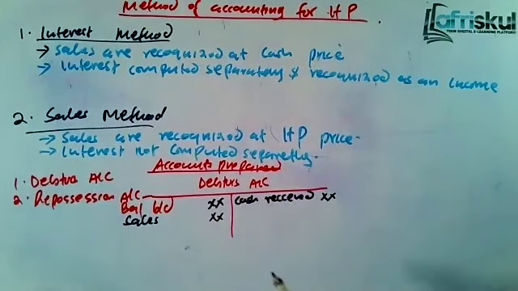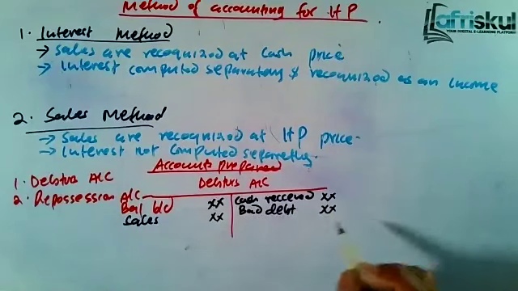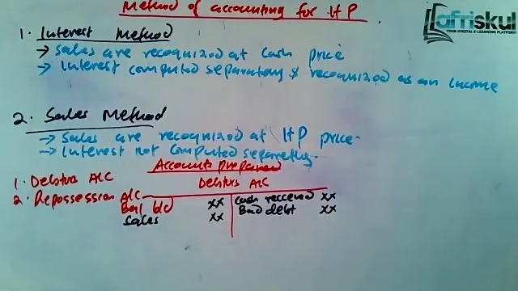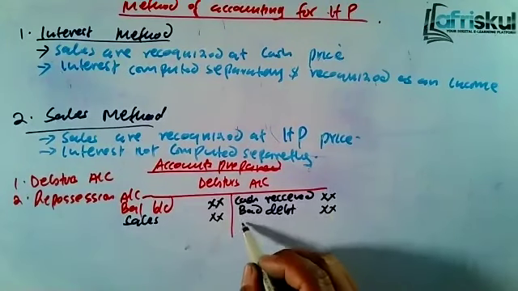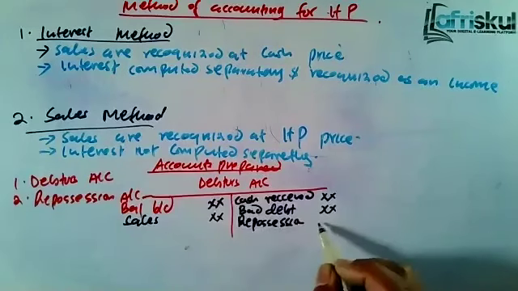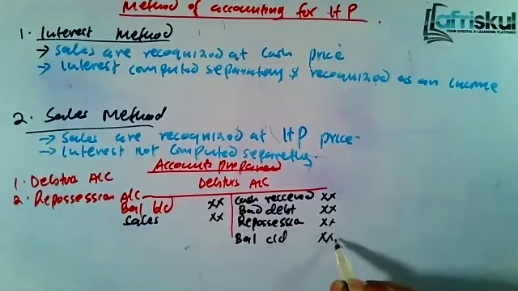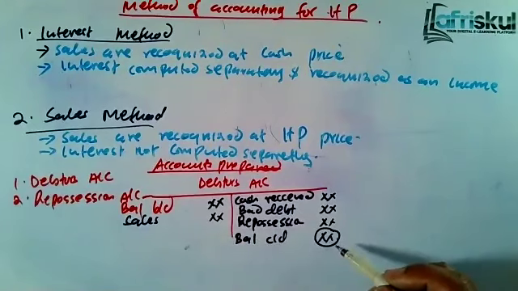In case there was bad debt, it reduces the value of the debtors. And in case there was a repossession, you also remove it. Then you can get the balance carried down. What you get here as the balance carried down is what you'll take to the balance sheet.